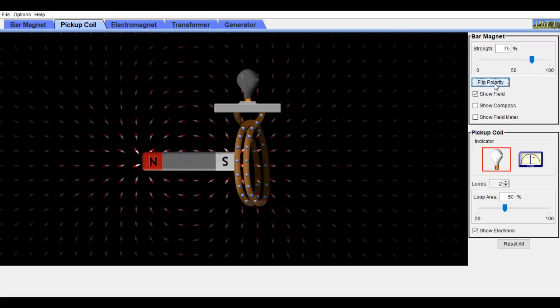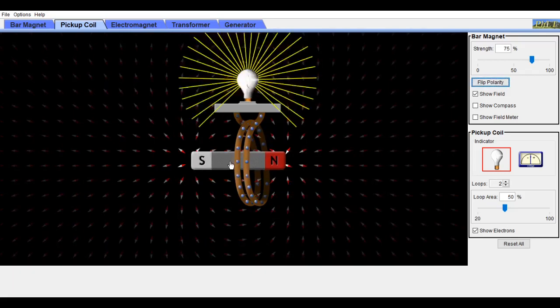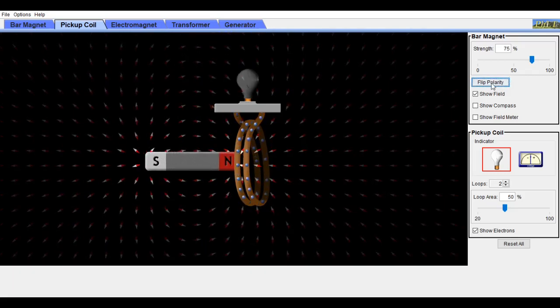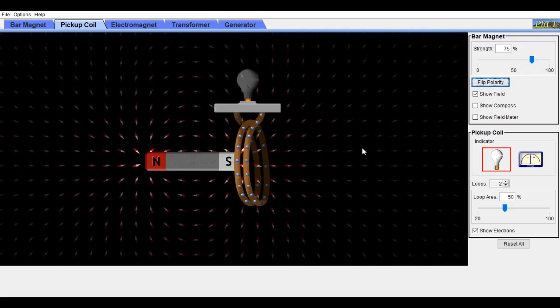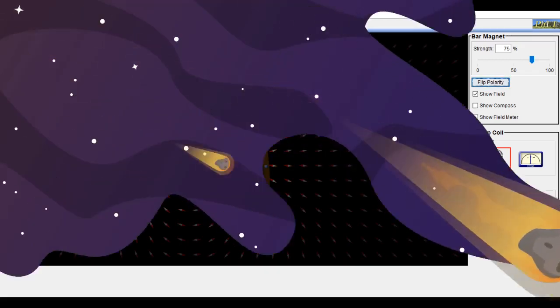What happens to the electrons inside the loop of wire? They move, and it generates electricity, as you can see. So moving the magnet or flipping the polarity are the two ways of changing your magnetic field. Let's go back.